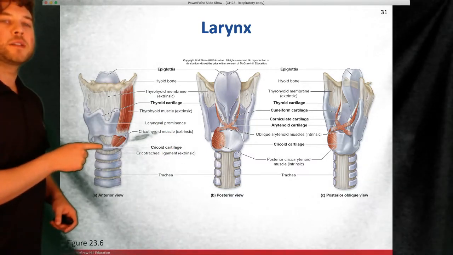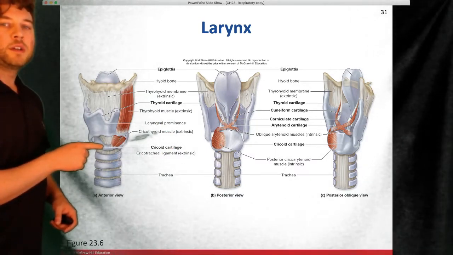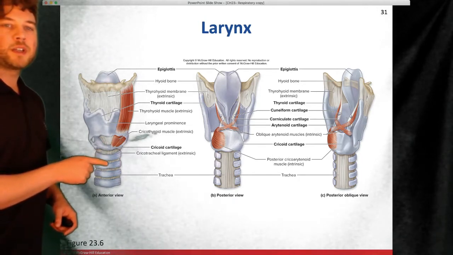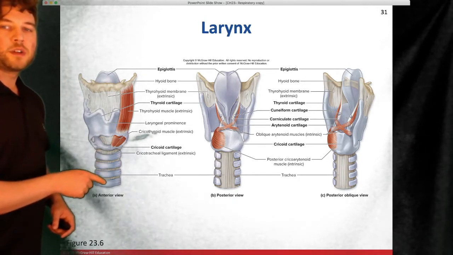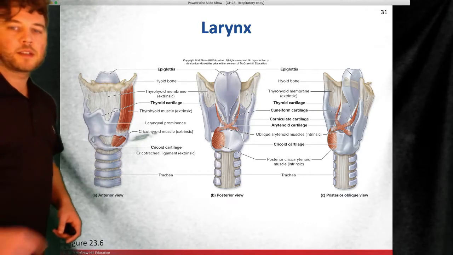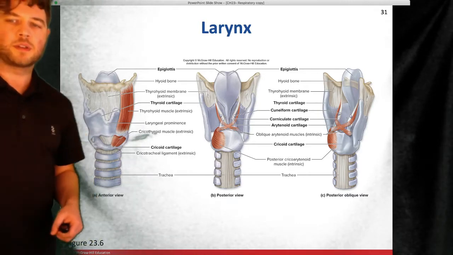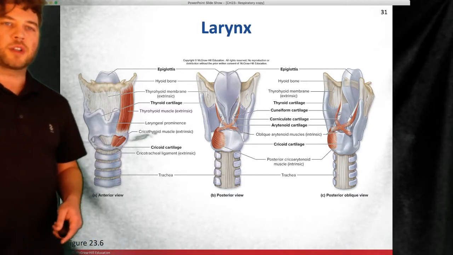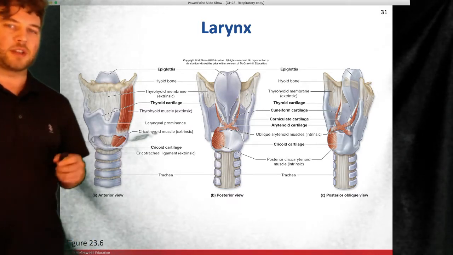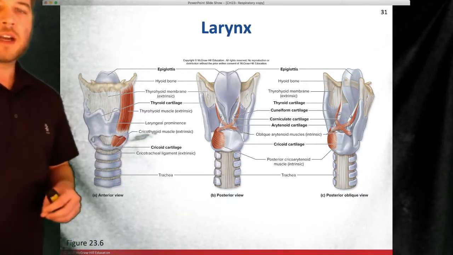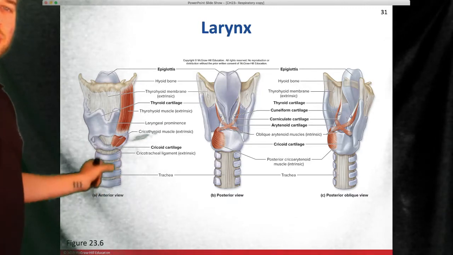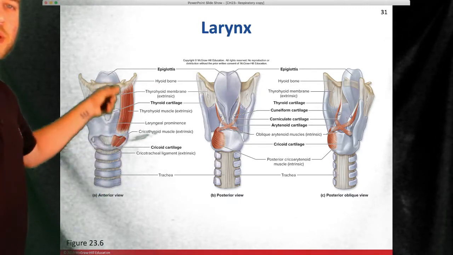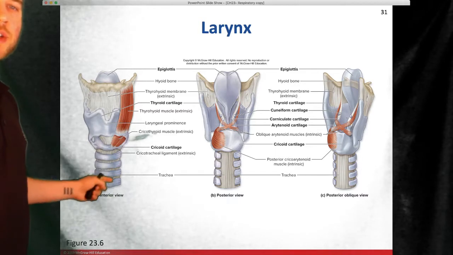Just below it is the cricoid cartilage. And then you have these rings right here, which are all your tracheal rings. I think your book specifically calls those your tracheal cartilage, but I can't remember, to be honest. Your lab will have a word for that. But this is your trachea. So you have your larynx up here and your trachea down here, with these tracheal rings.